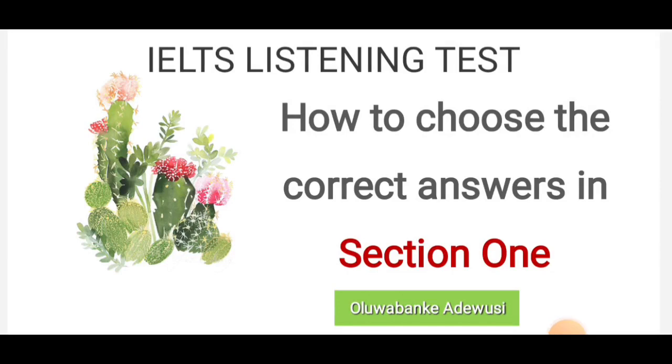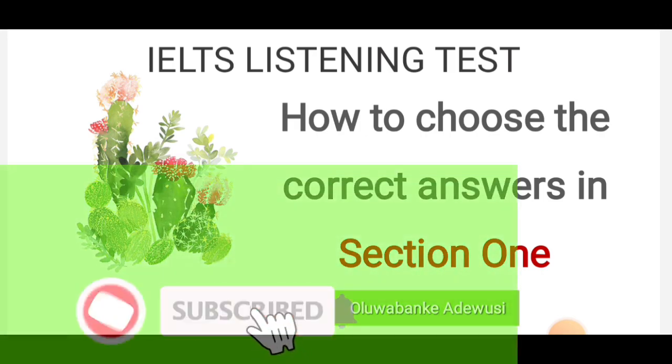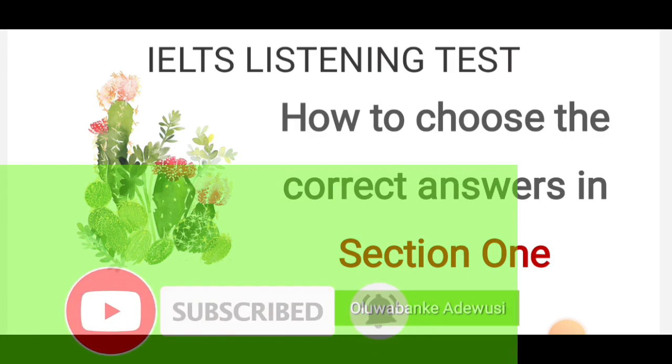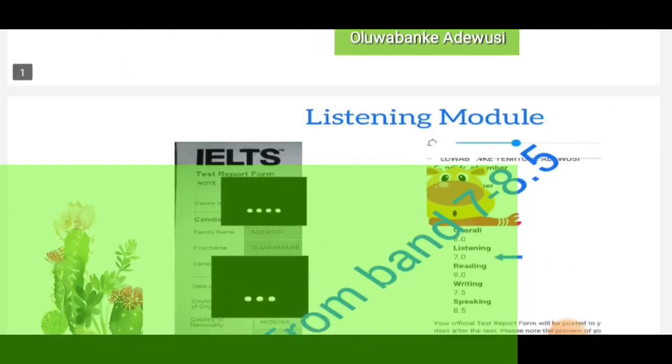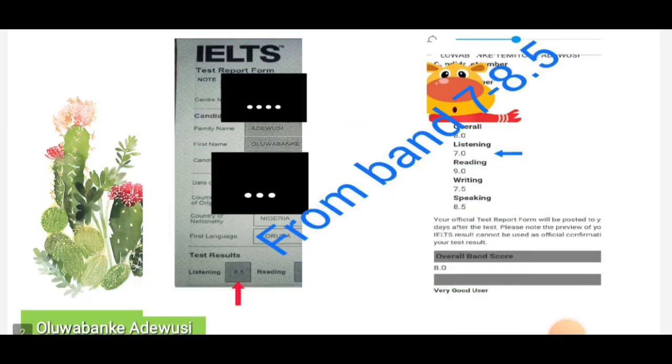In today's lesson, you will learn how to choose the right answers in section 1. Make sure that you don't miss any answers in section 1 because sections 1 and 4 are pretty easy and you will find it easy to pick the answers once you use the strategies I'm going to show you.